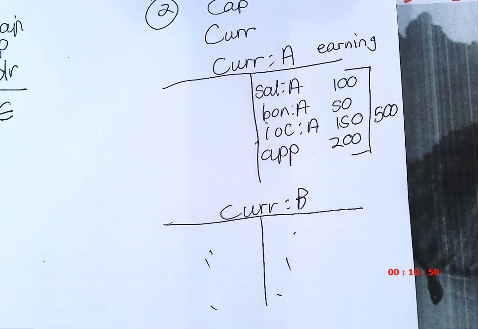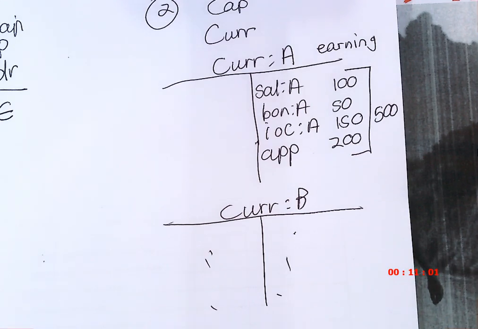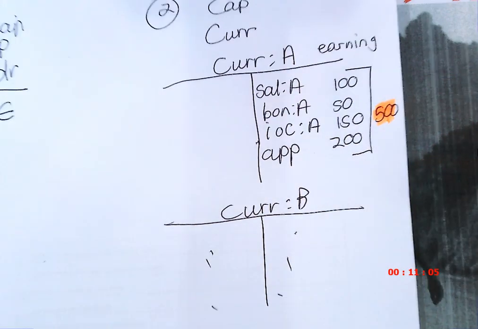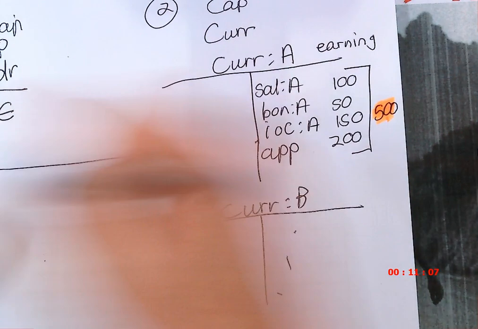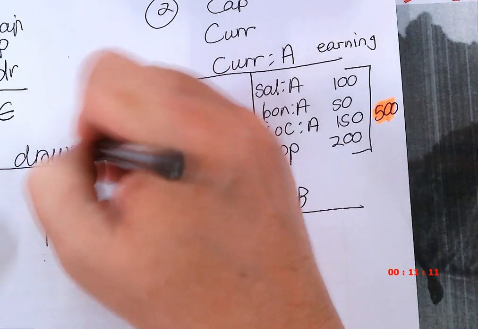But during the year, he got his salary, eh? Because what is the purpose of having a salary if you can't get it? But now, everything here, that 500 Rand earnings, everything of that he takes during the year is going to be shown as drawings.